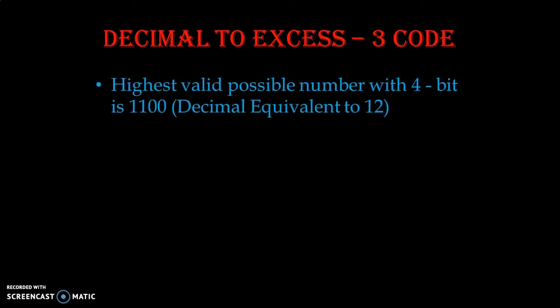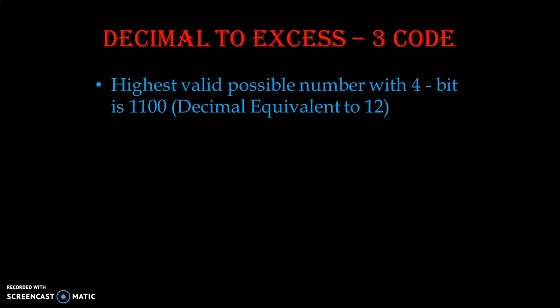Now let us start converting decimal numbers into XS3 code. But before that, we should know that the highest valid number with 4 bits in case of XS3 is 1100, and that decimal equivalent is 12. Because when we take the single digit 9 and add 3, it becomes 12.